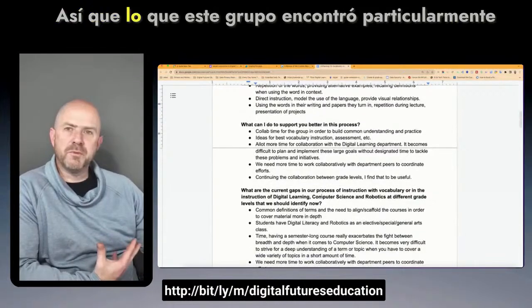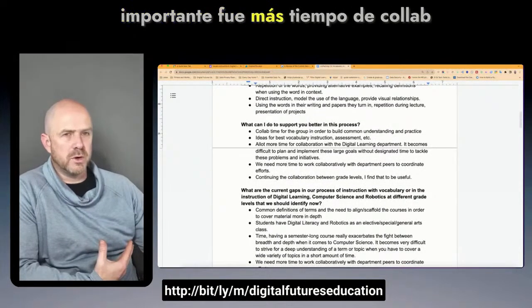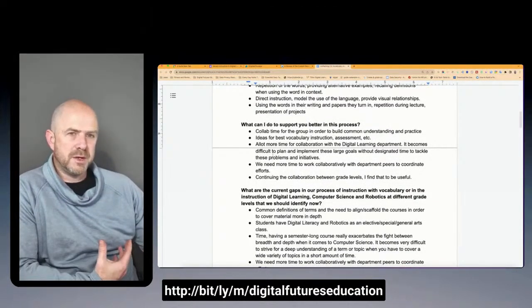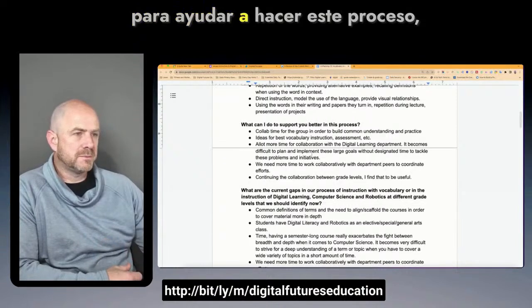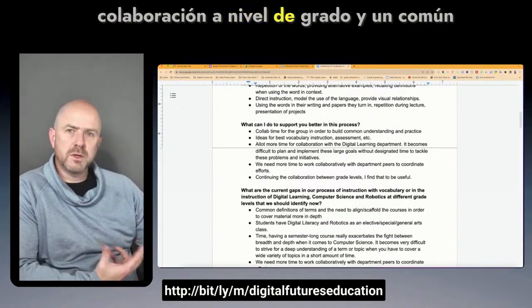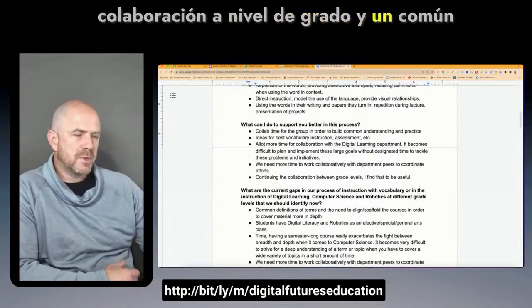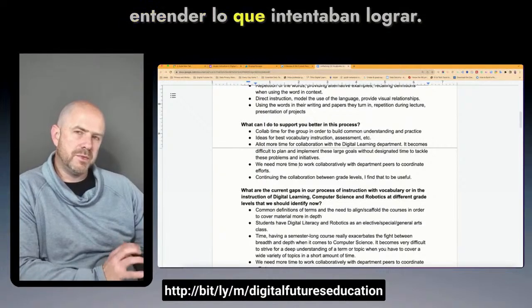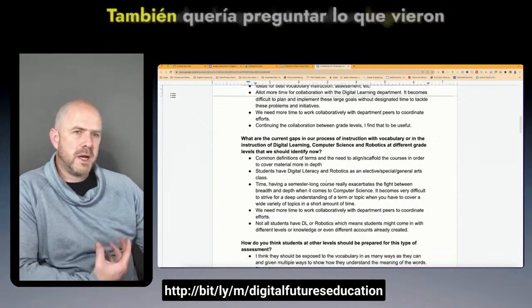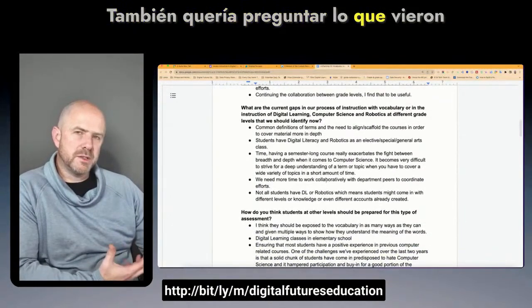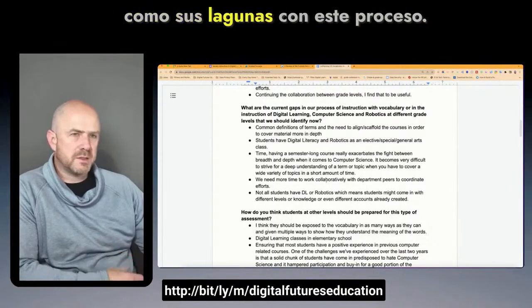So what this group found particularly important was more collab time, to help do this process, grade level collaboration, and a common understanding of what they were trying to accomplish. I also wanted to ask what they saw as their gaps with this process.